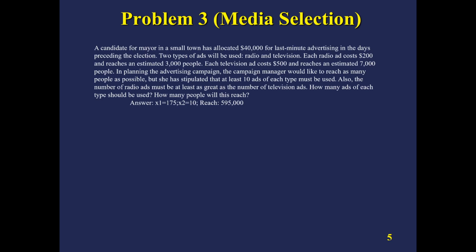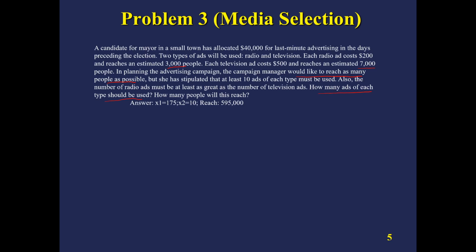Now we can see from this problem that our objective is not profit, not even cost, although the cost is given, but to reach as many people as possible. Each radio ad reaches 3,000 people and each television ad reaches 7,000 people. We have to decide how many ads of each type should be used.